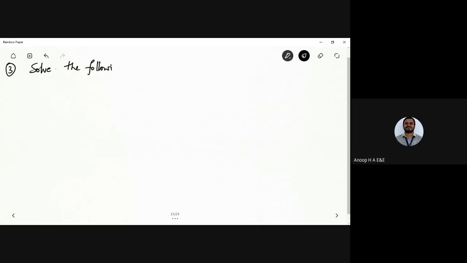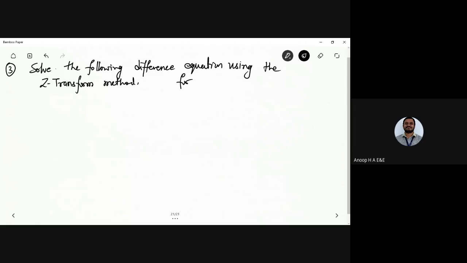Solve the following difference equation using the Z transform method, for n greater than or equal to 0.